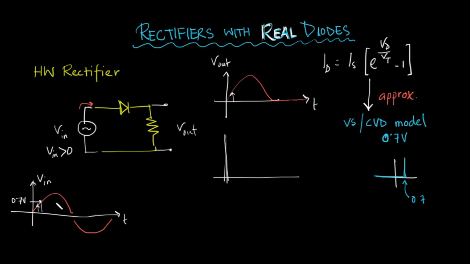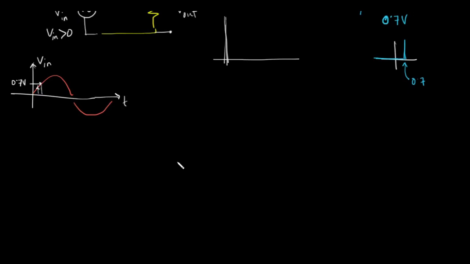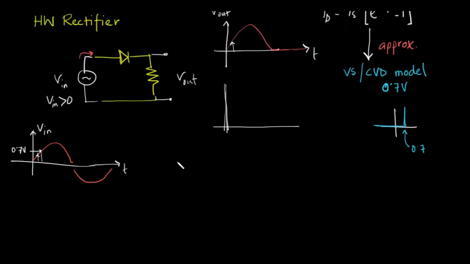Perhaps it would be better to draw it here. So unless the input passes this threshold, the output will not go up.